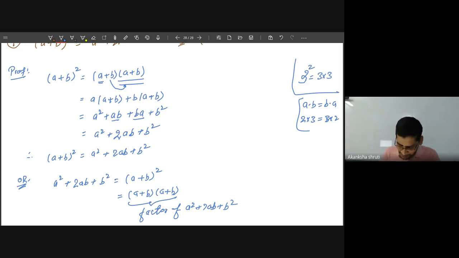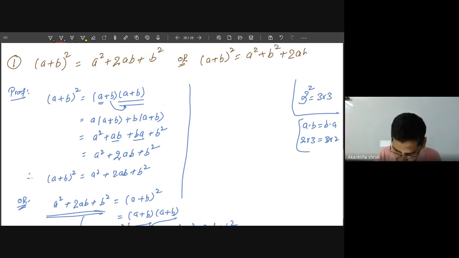Students, by splitting the middle term we can also arrive at this result. So how can we arrive at it? Let us quickly see that.